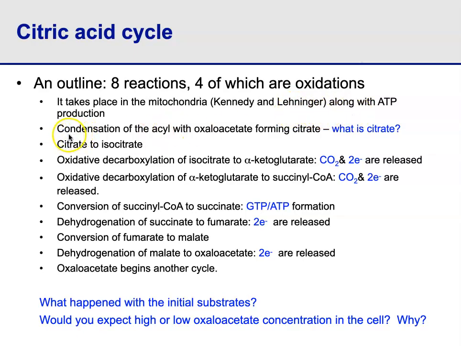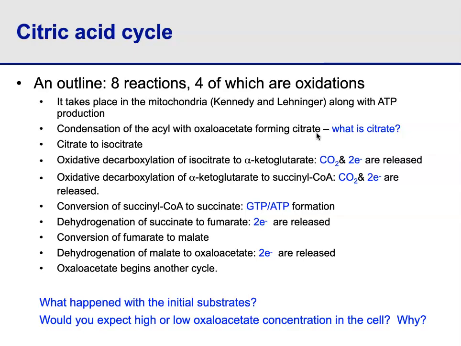So the first reaction of the citric acid cycle is a condensation reaction between acetyl-CoA, or the acyl group attached to the CoA, and oxaloacetate, forming citrate. Now you understand why we say that the acyl group, or the acetate, was activated when it was converted to acetyl-CoA.